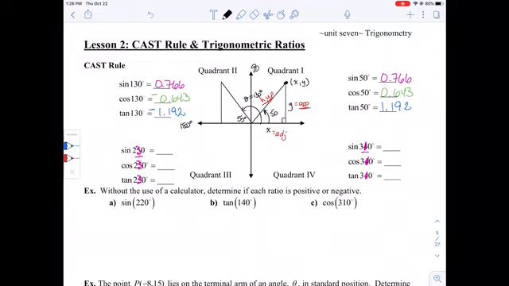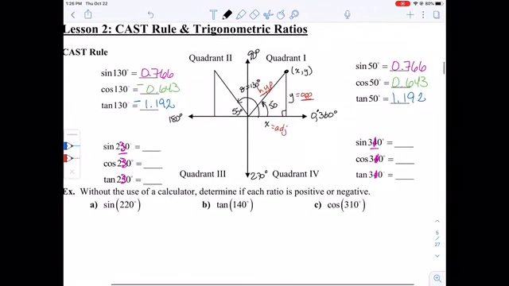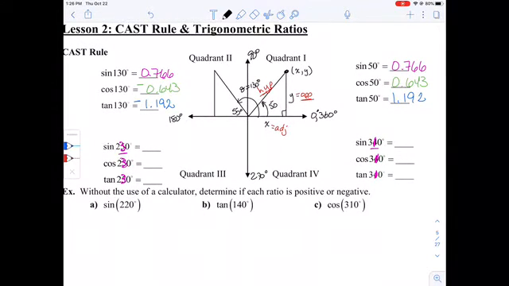We know that's 180 degrees, and that's 90 degrees, and this is 270 degrees, and this is 0 or 360 degrees. Okay, so if I'm looking at the 50, let's look at the coordinates for just a minute. If I were to move up to a point here in the second quadrant, this would be negative x and positive y.